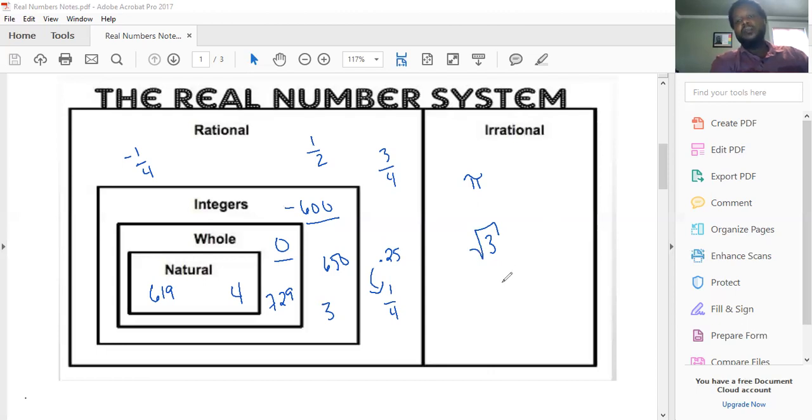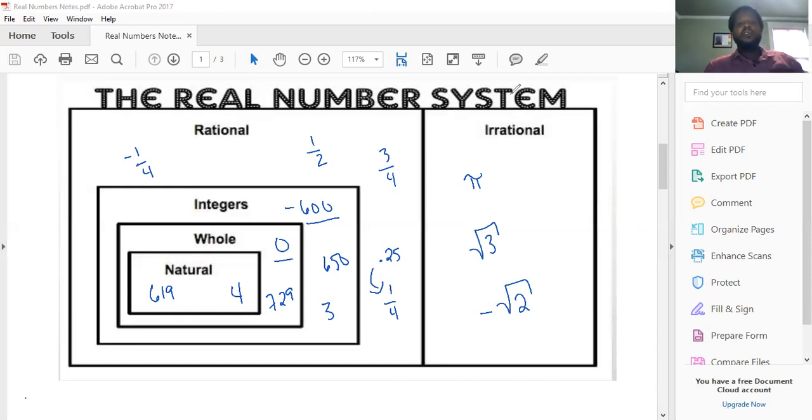And we can include irrational numbers as the negative equivalent of square root. So like negative square root of 2 would be considered an irrational number, but something that's not irrational would be the square root of -2, because you can't take the square root of a negative number. And so therefore that would not fit in this category of irrational.